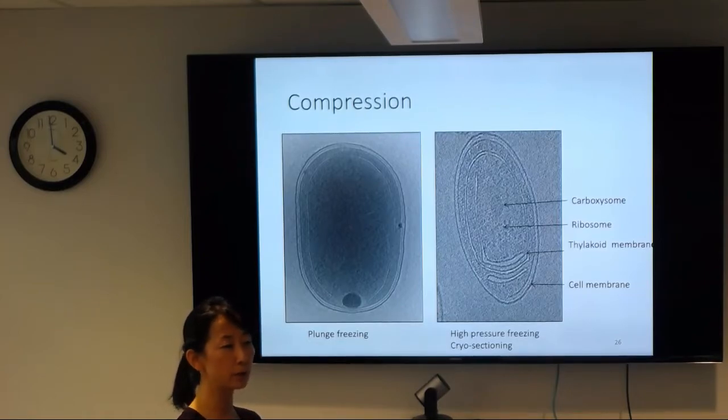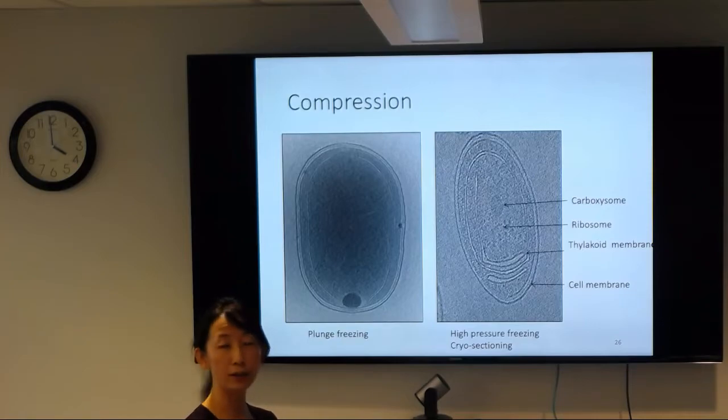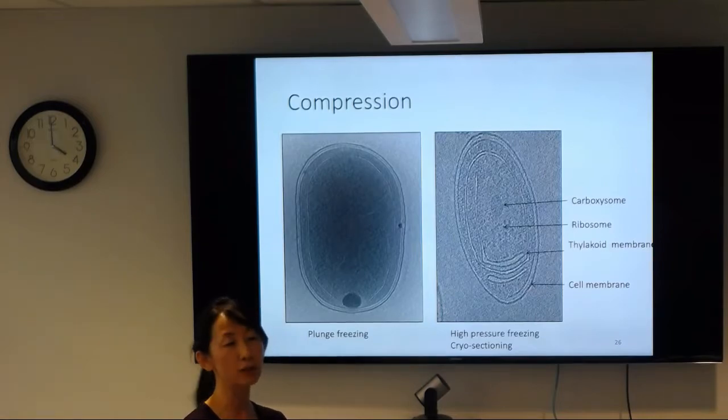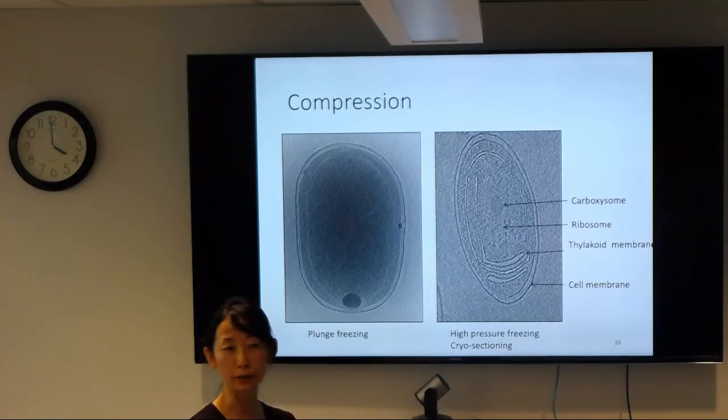For example, if you want to cut open a cell and then to look at all the detail in there. So many facilities, they have a high pressure freezer, they have a cross-sectioning, especially for patient sample. This is still very useful technique to give you very interesting information to cell biology or pathology.